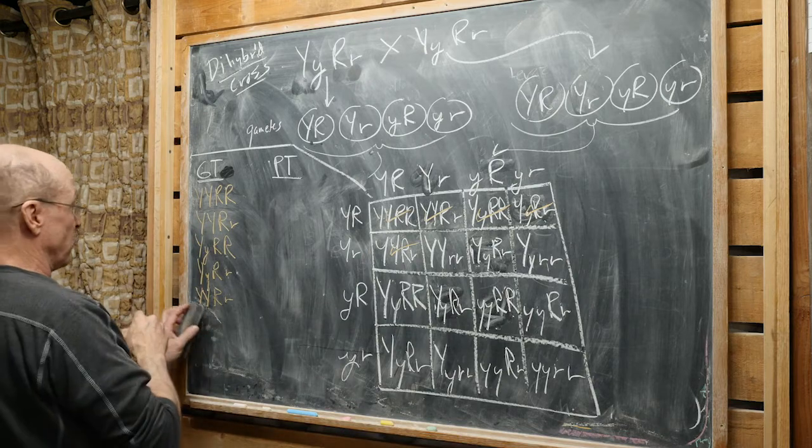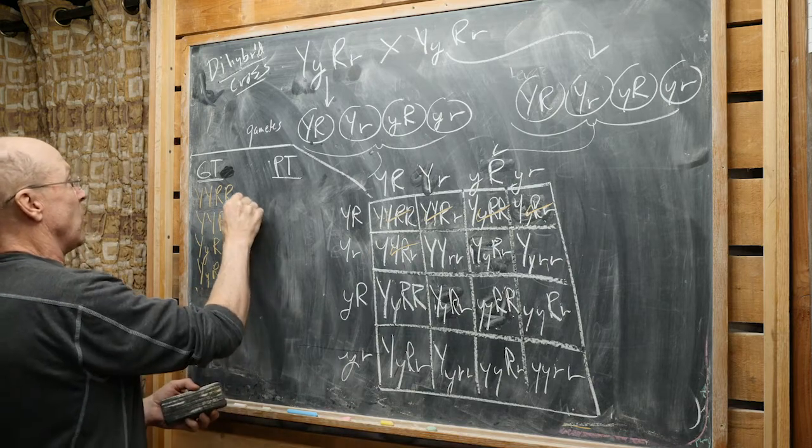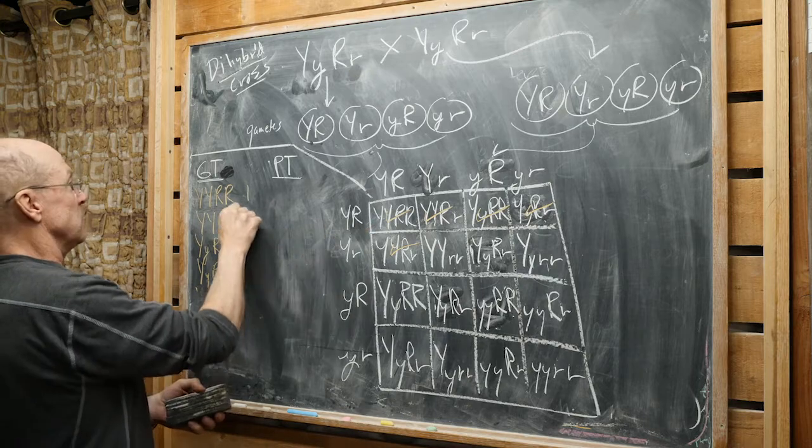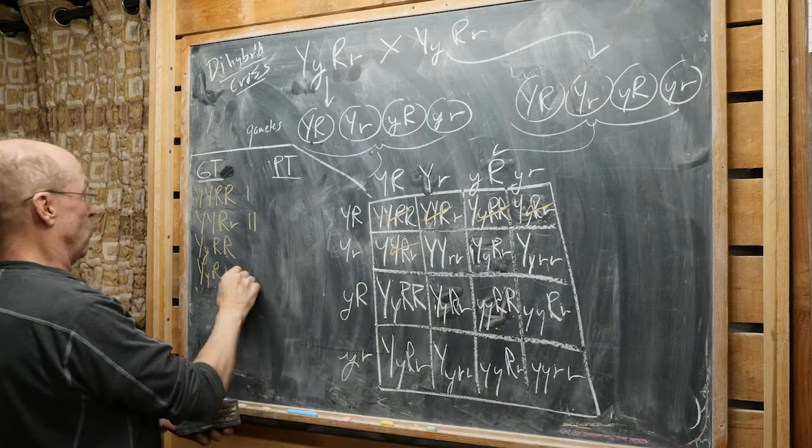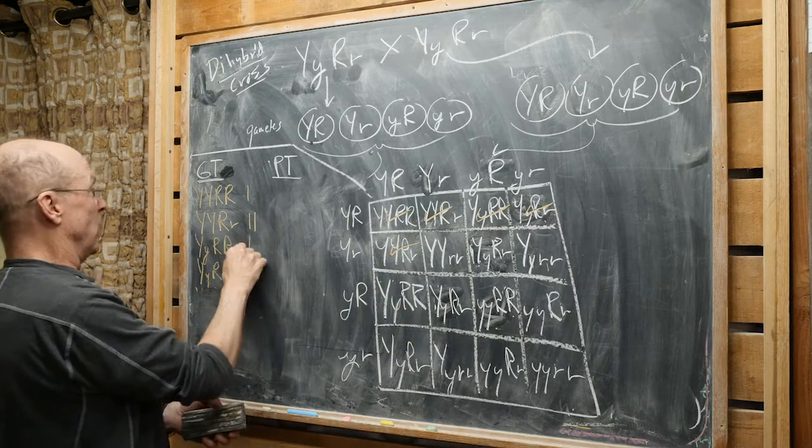And so, guess what? I already did that one. So, there was one of those. There's two of those. Apologize for this. There's one of these so far, and there's one of these so far.